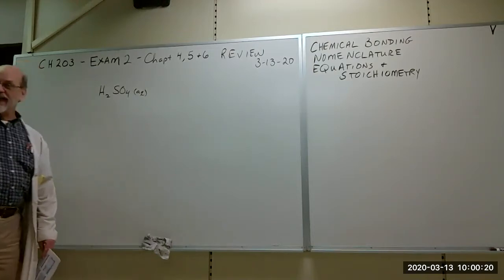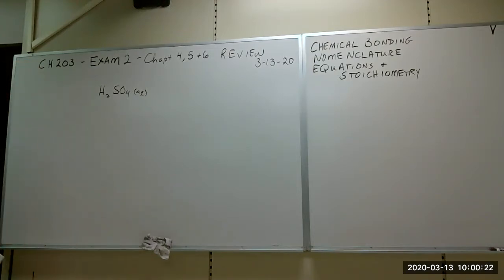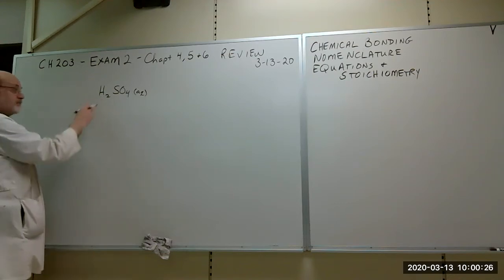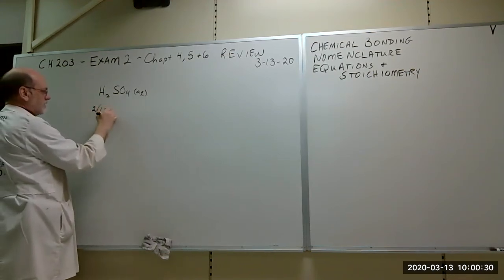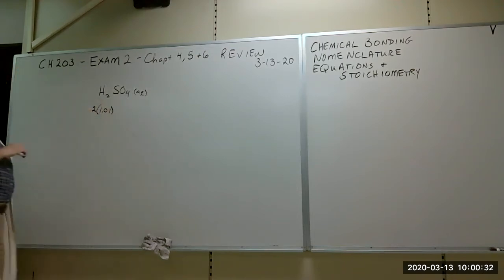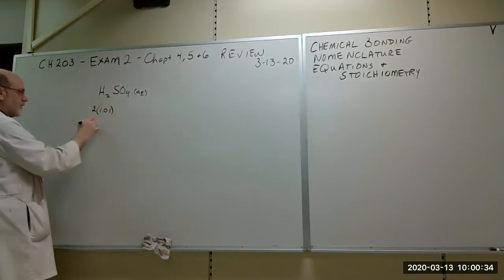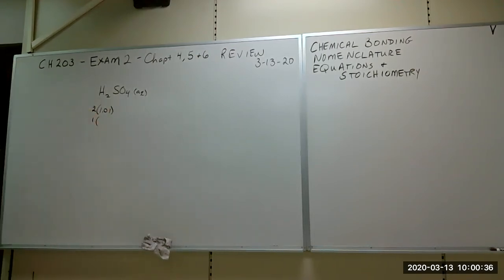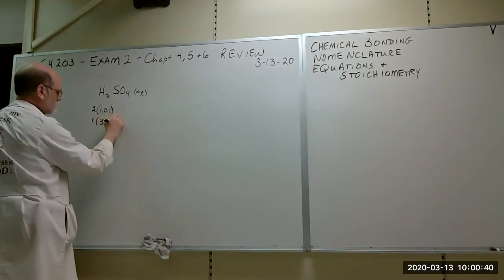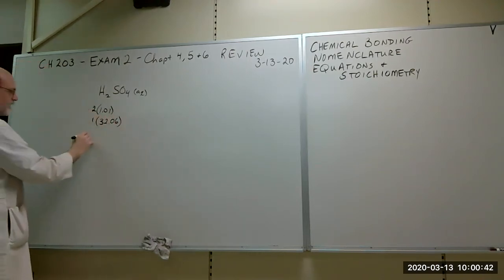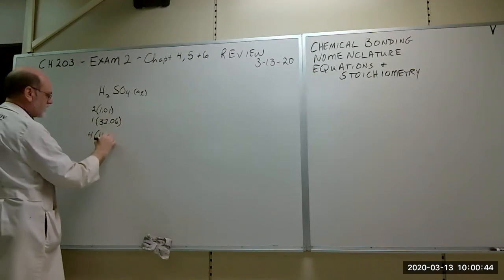Okay, what's the molar mass of sulfuric acid? All you have to do is add up the individual masses of each of the atoms. If you have 2 of them, hydrogen is 1.01 each. Right? Sulfur is 32.06, one of them, and then oxygen is 16.